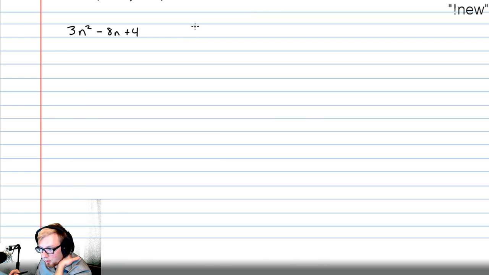First to check, is there a common factor that we can take out of all 3 terms? No. Okay. What's the next piece? A times c. What's a times c? 12. So we need 2 numbers that multiply together to give us 12, and add together to make negative 8.